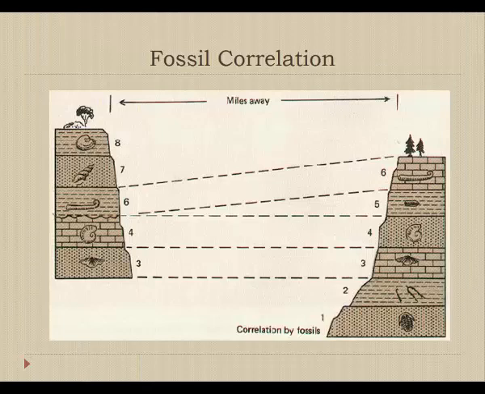Finally, I'll mention that another thing that geologists do is try to correlate certain strata that they see in one area with strata that they find in another area. And this can be tricky because sometimes layers that accumulate in one area don't necessarily accumulate the same way in an area nearby. Maybe the climate is kind of different, or the landscape is a little bit farther away from a floodplain or something else. And so we might have certain layers in one area that are a little bit different than layers in another area nearby.